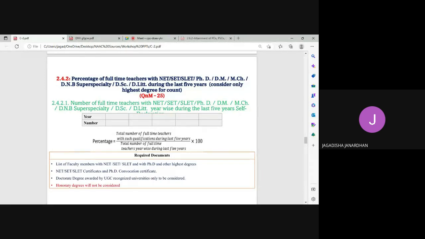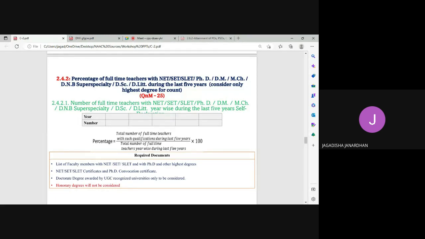Previously, in the old manual, they were not given the option to consider the full-time teachers having NET and SLET. So now they have added the state eligibility test also. So all the teachers will be preferred with clearance of NET. So if more number of faculties are there, the percentage will be increasing.